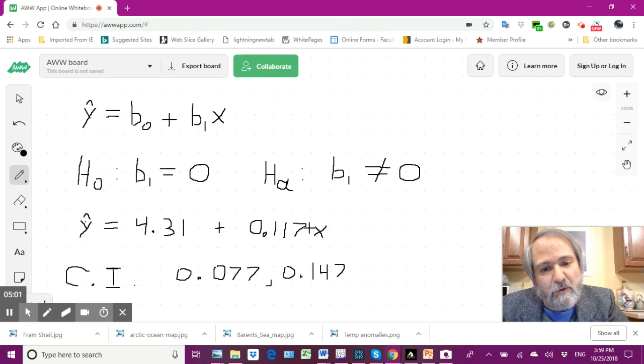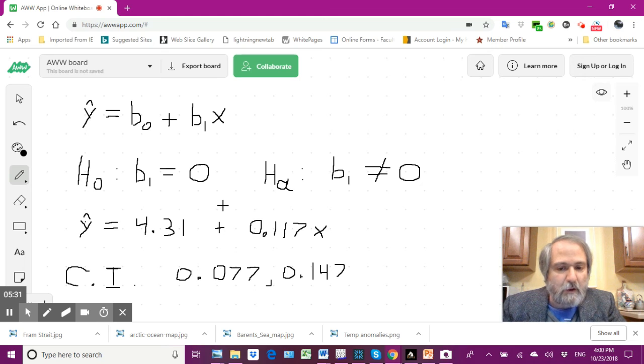The slope is not 0, this is useful to determine the response in the dependent variable. Now, if my p-value was greater than 0.05, we would accept H0, and therefore we would note that this is not useful. We basically have a flat line, a constant function, and there we have it.